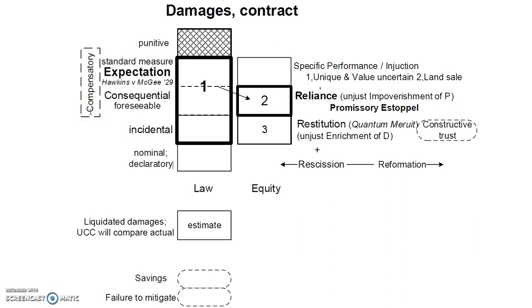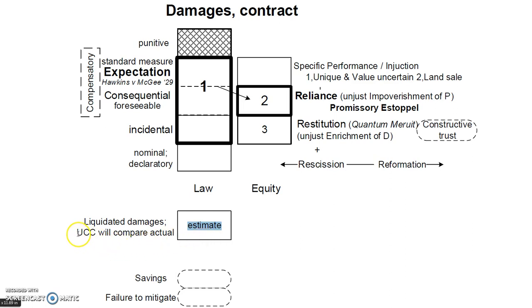Now, other types of damages at law are damage amounts stipulated in the contract, otherwise known as liquidated damages. These are estimates of damages specifically written into the contract, and these are available if such are written into the contract and such are deemed appropriate by a court at law.